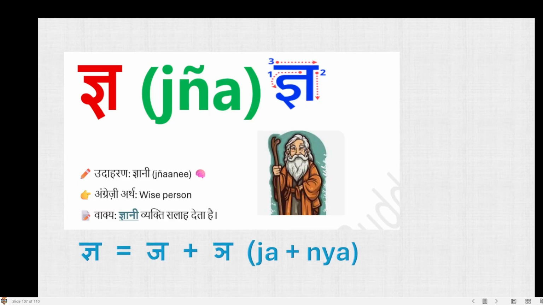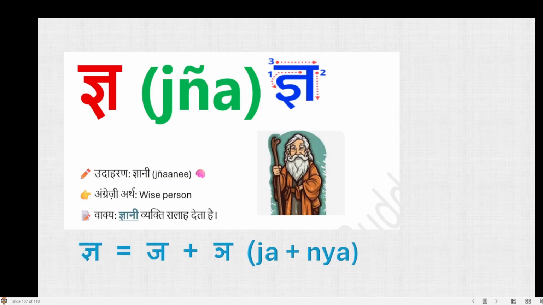Let us see an example. Jnani, which means wise person in English. A wise person gives good advice and makes thoughtful decisions. Now, let's read the sentence. Jnani vyakti salah deta hai, meaning a wise person gives advice.